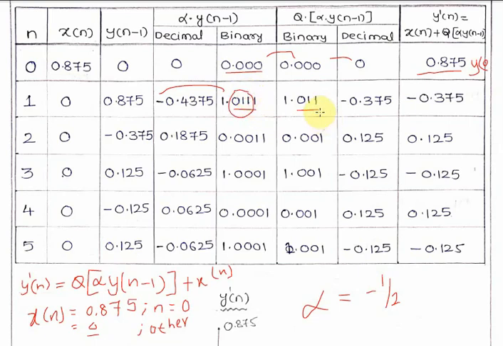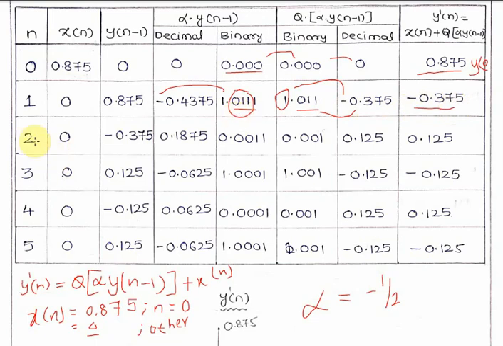The exact decimal equivalent for this binary number is minus 0.375, where the one represents the sign bit, minus. Now x of n value is 0, and Q of alpha into y of n minus 1 is minus 0.375. If we add these two values, we get minus 0.375.